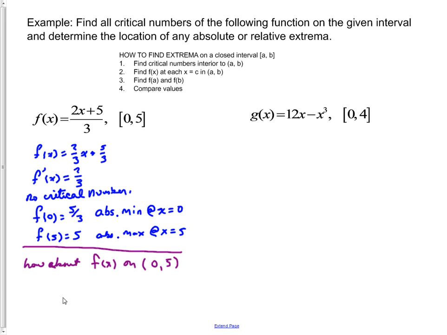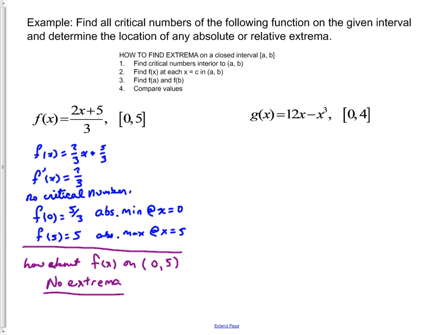Well, if that were the case, it is very possible that we could say that there were no extrema at all. It is possible for a function to be defined on an interval in such a way so that it had no maximum or no minimum. We could get infinitely close to x equals 0 and infinitely close to x equals 5, but unless we define what happens at those endpoints, no extrema.